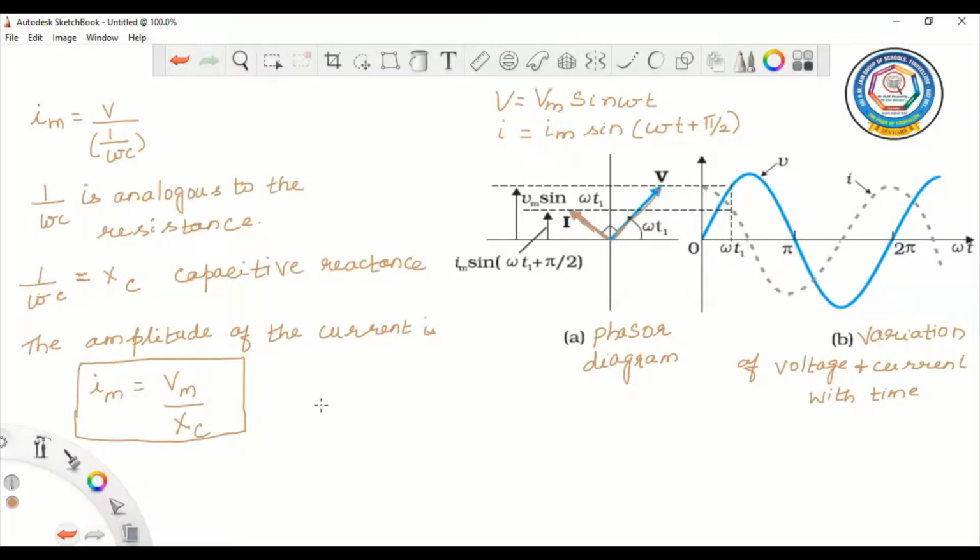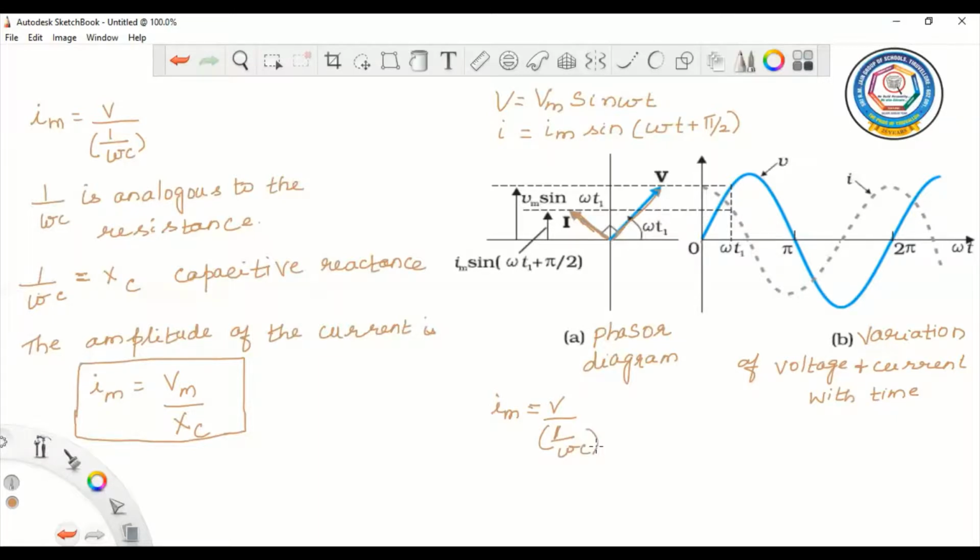So when you consider this equation, again I am going to write here: Im is equal to V by 1 by omega c.